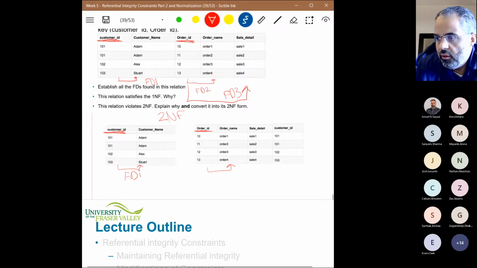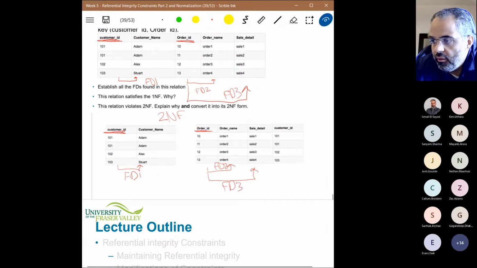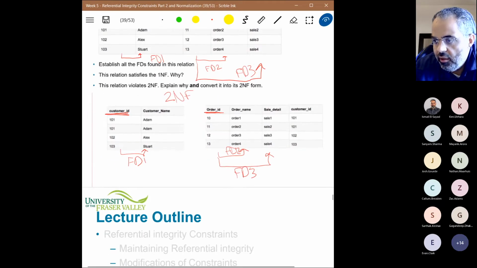So how did you do it? You divided it into both tables like this? Okay, so FD2 and FD3, you put in a table. Sometimes we need to add another table. It depends on the whole database, because to keep them all as tables related to each other, the final database schema should not be disconnected.